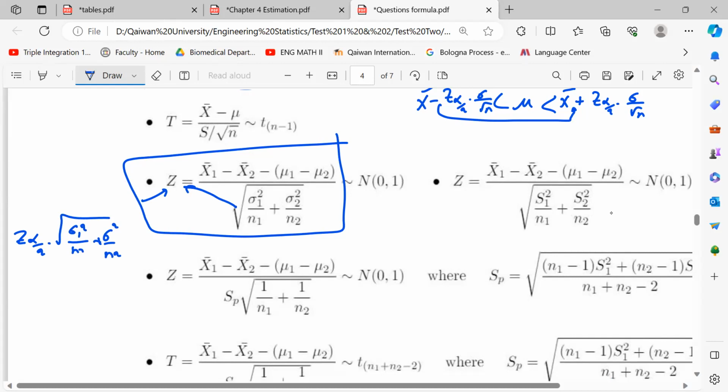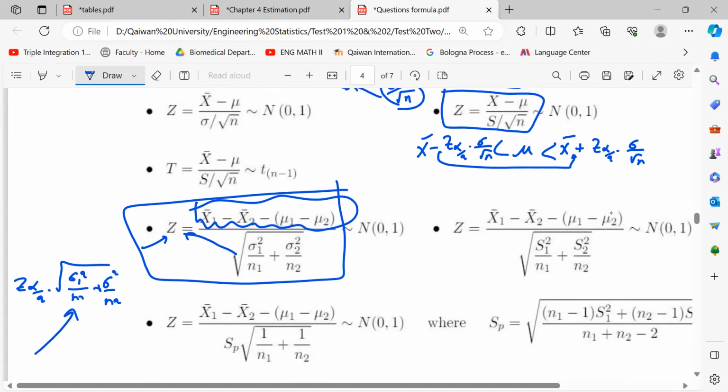It's the difference of two means. This is important to know: for the difference of two means we say mu1 minus mu2 is between.